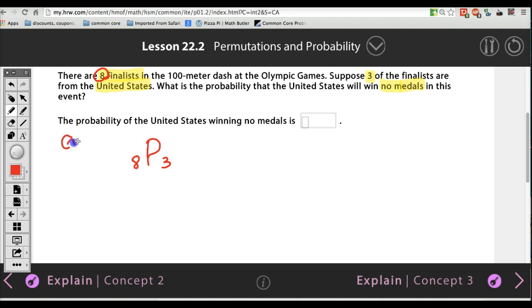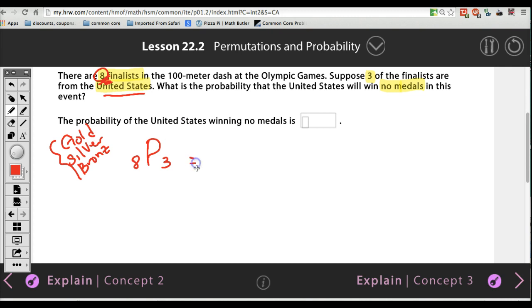Don't you have a gold medal, and then a silver medal, and then a bronze medal? Unless I'm crazy, there's only 3 different kinds of medals you can get. So right now, what we're trying to do is, how many different ways can any of the 8 people, whether they're from United States or not, it doesn't matter, get the medal?